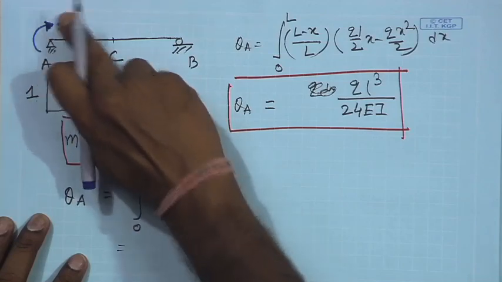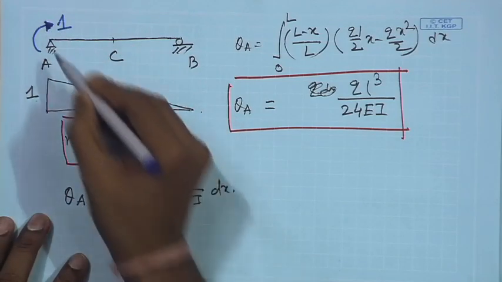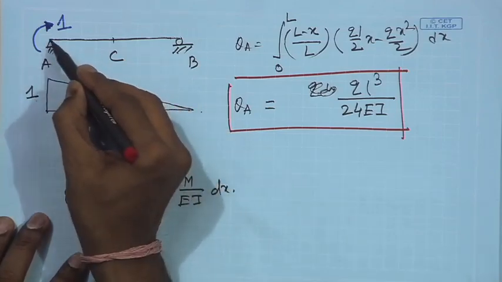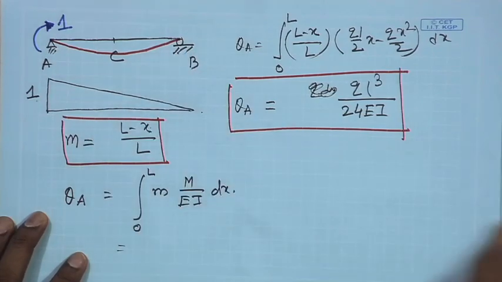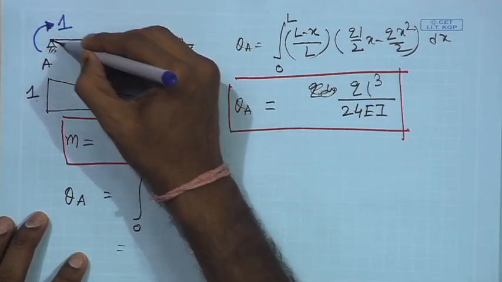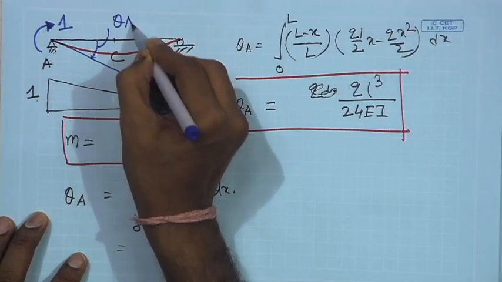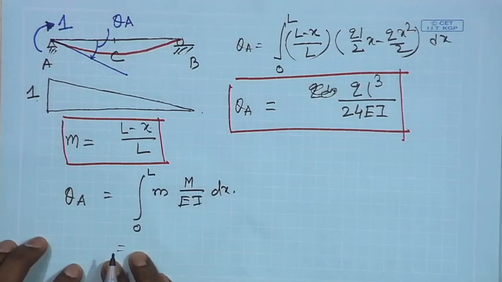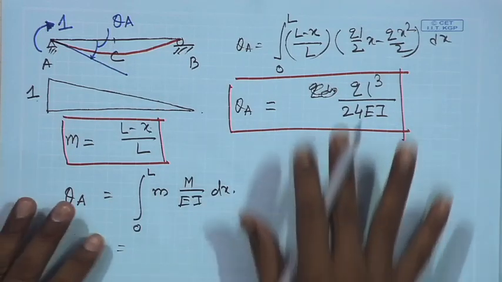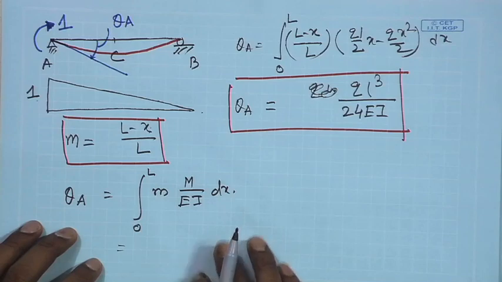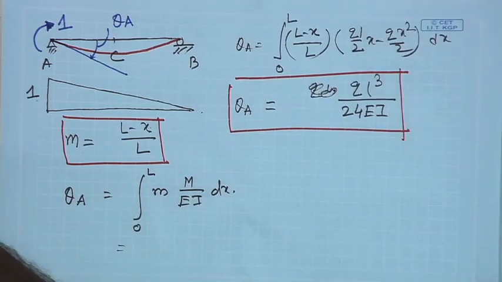The unit moment is applied in this direction. So the deflection of the beam will be like this, and then this will be theta A, and as per our sign convention, this is positive. So theta A is positive. Okay. So that is how we can determine the deflection and rotation at any particular point. Let us do one more example.